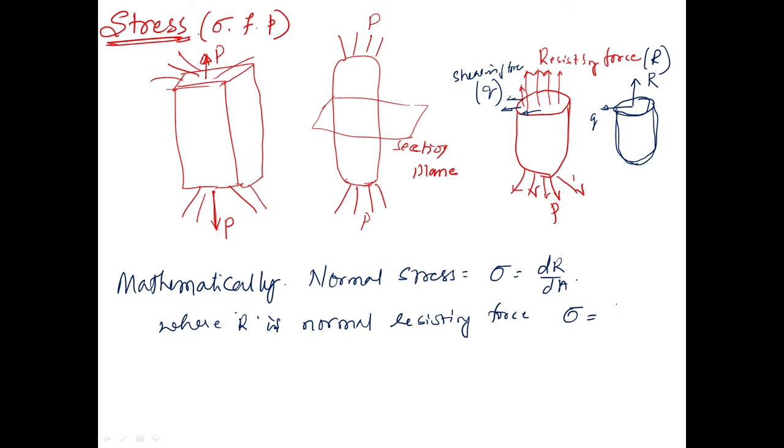So you can say sigma equals R by A, where A is the cross sectional area of the member or material.